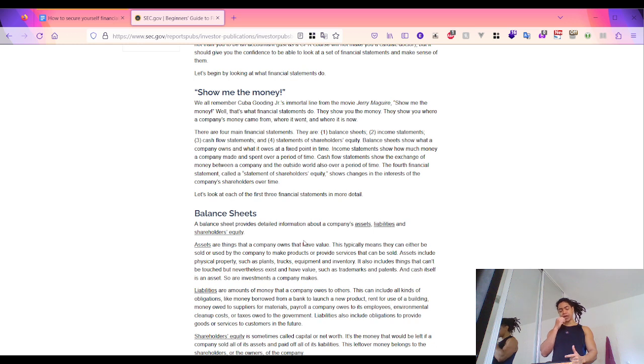I also look at the accrued expenses, which are expenses for goods or services that have been received but not yet paid for. So examples are wages and salaries, rent, utility bills.